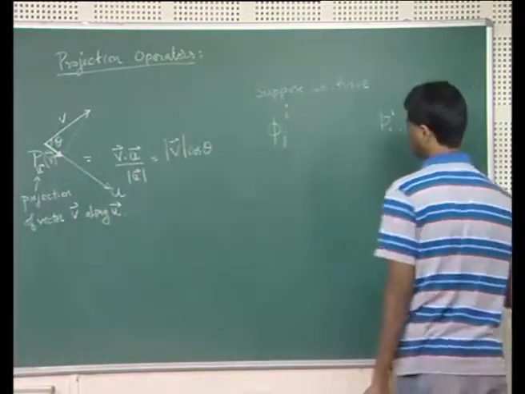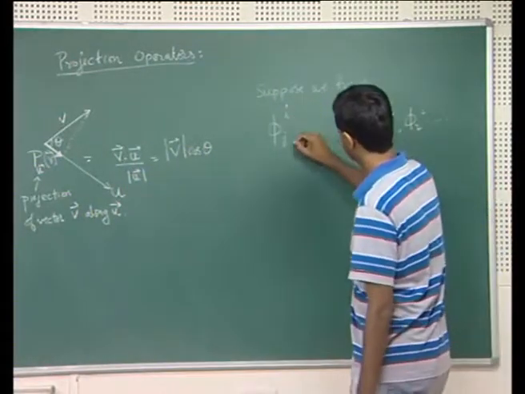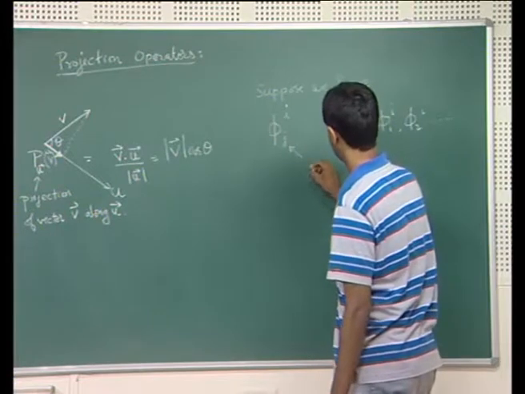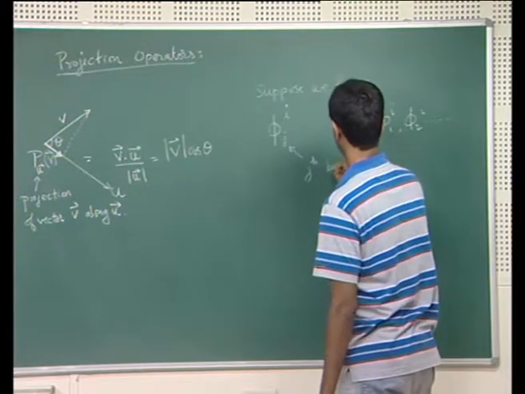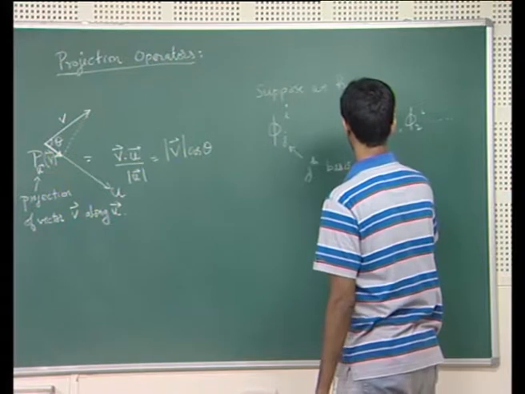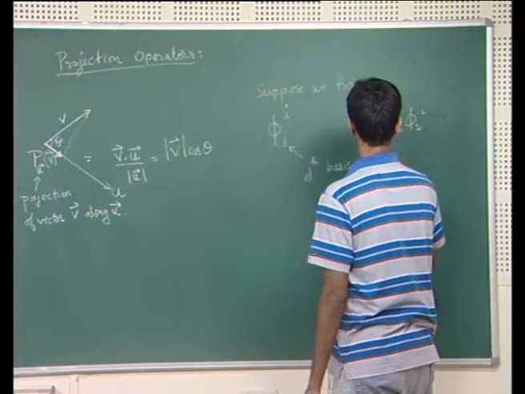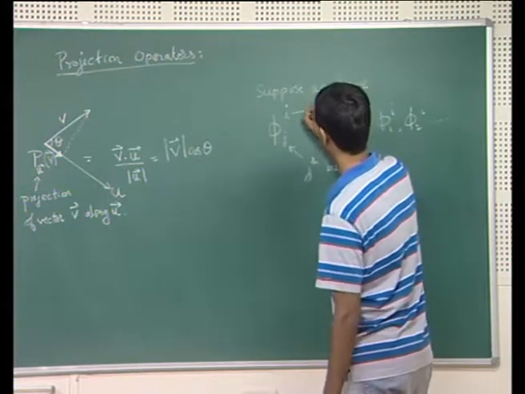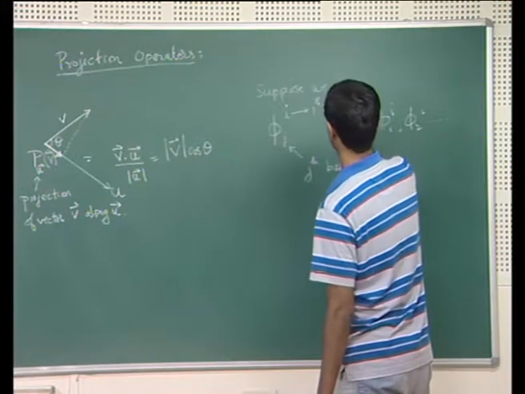Now, what this stands for is this is the jth basis function, and this is the ith irreducible representation.